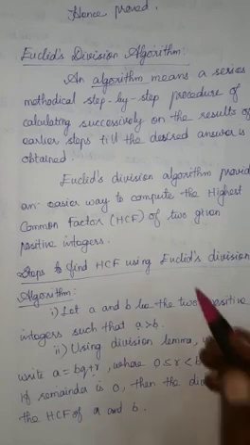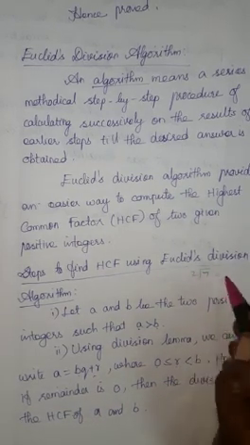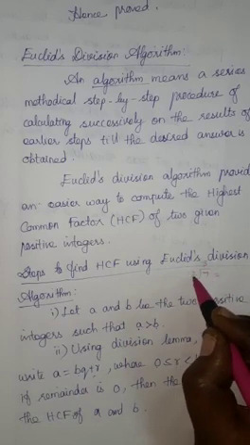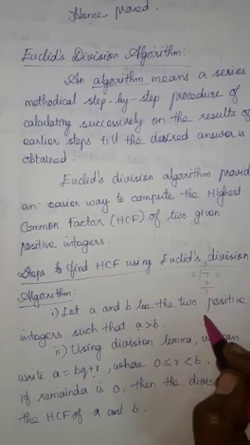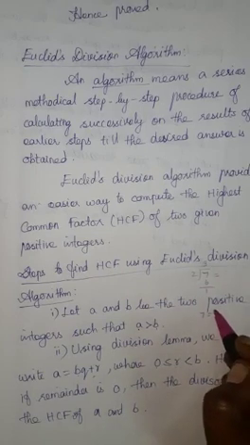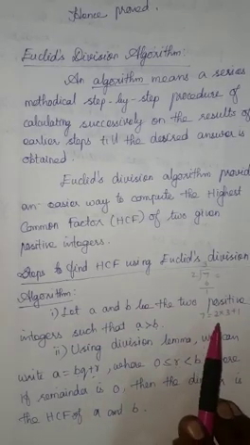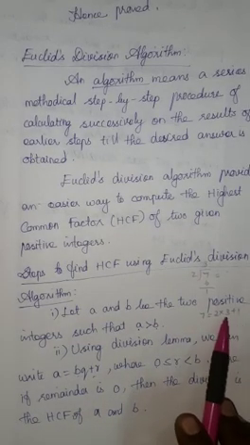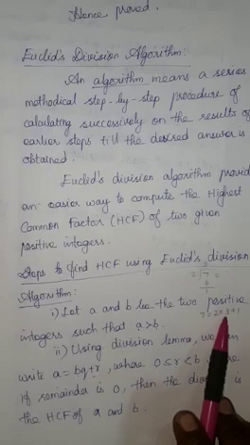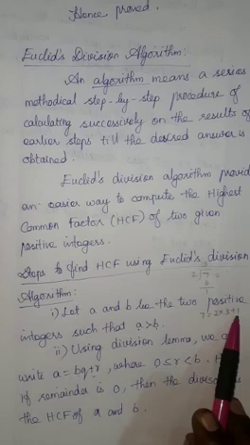If you get 7 divided by 2, how to write? 2 3s are 6, remainder 1. So you can write the division lemma: 7 is equal to 2 into 3 plus 1. So 2 is the divisor, 1 is the remainder, 3 is the quotient. In this situation the remainder is not equal to 0, so we cannot conclude the HCF.